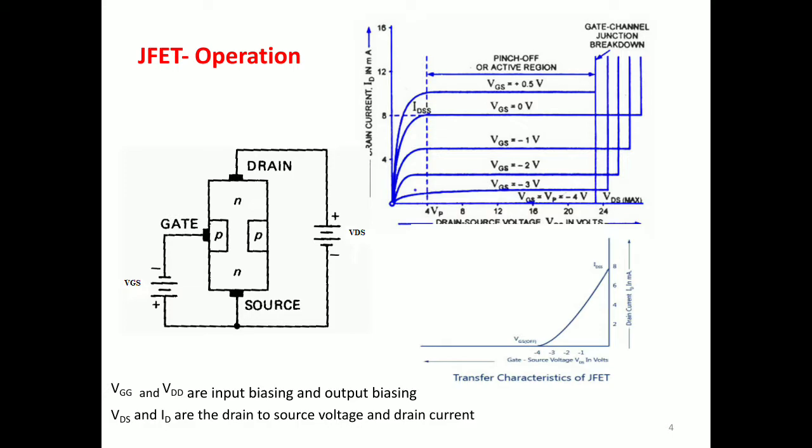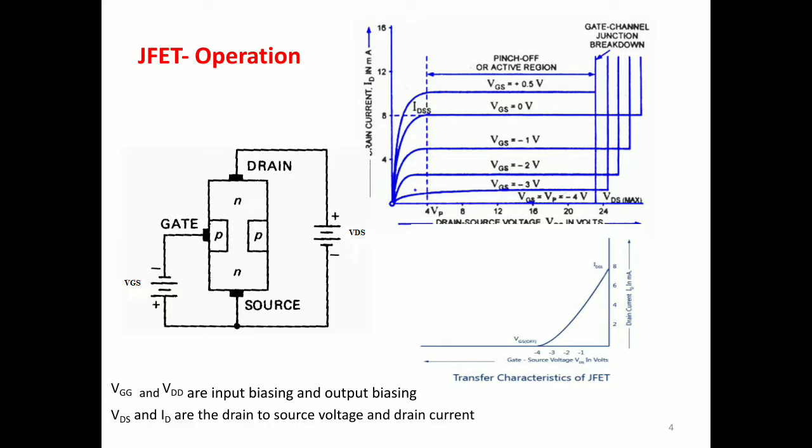Here the JFET has three terminals: gate, drain and source. Between the gate and the source we have a voltage called VGS, and between drain and source we have a voltage called VDS. These two voltages are applied to the JFET.